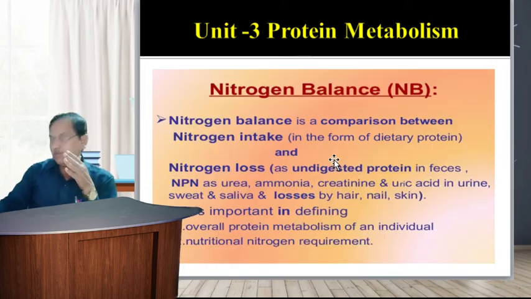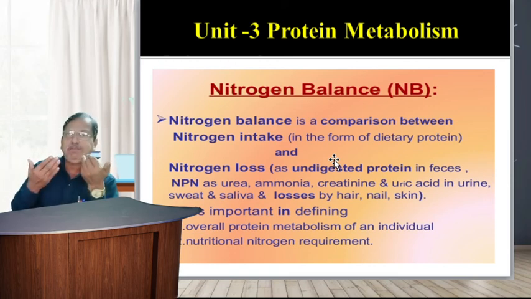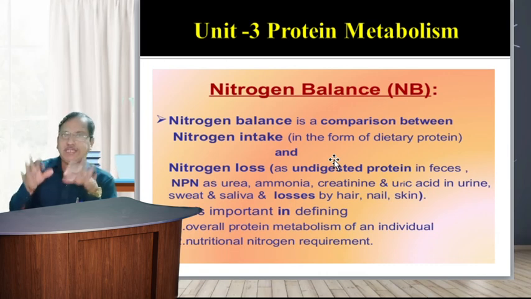Dear friends, nitrogen balance, NB, is a comparison between nitrogen intake in the form of dietary protein and nitrogen loss as undigested protein in feces, NPN, as urea, ammonia, creatine, and uric acid in urine, sweat, and saliva, and losses by hair, nail, and skin.